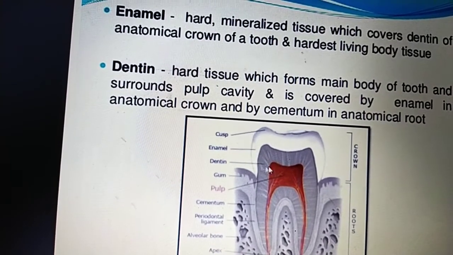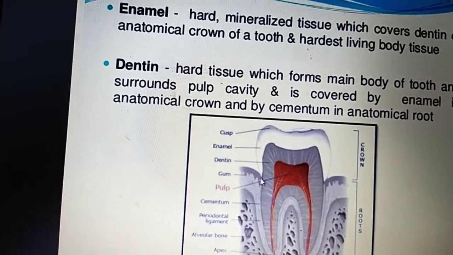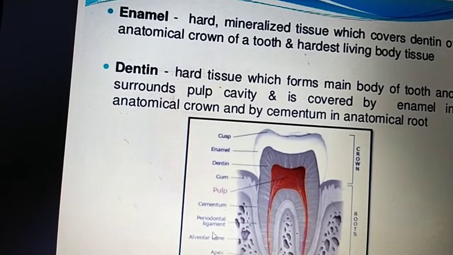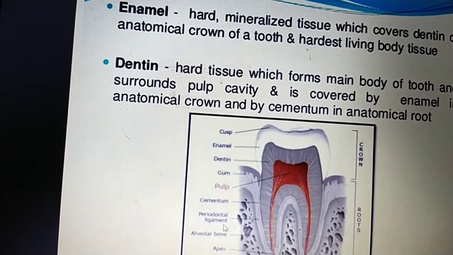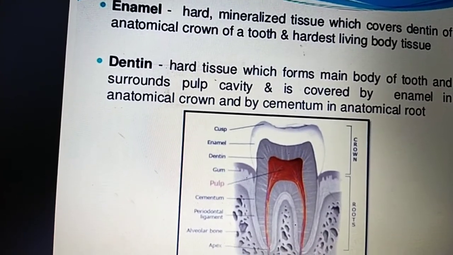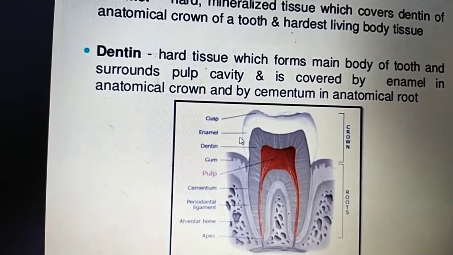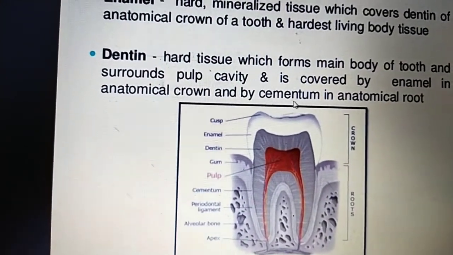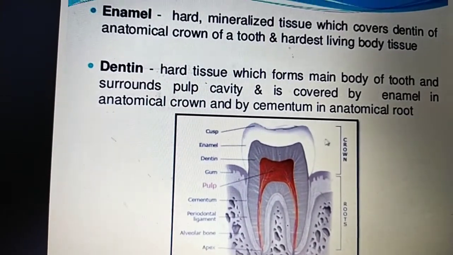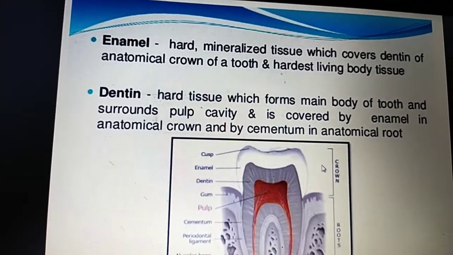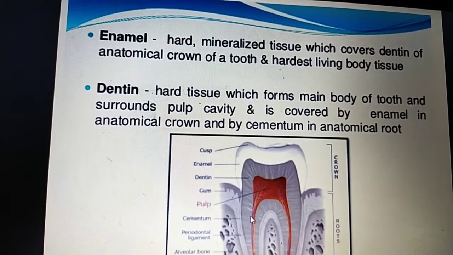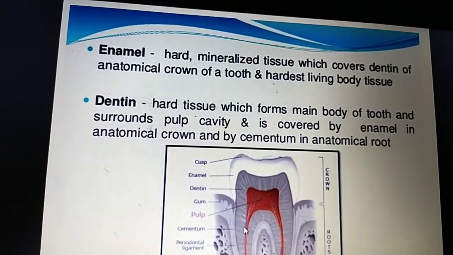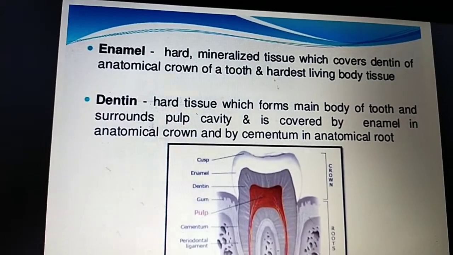It is created by cells known as ameloblasts, and enamel is the first line of protection for the tooth. Okay, enamel is hard mineralized tissue which covers the dentin of the anatomical crown of the tooth, and it is the hardest living body tissue.